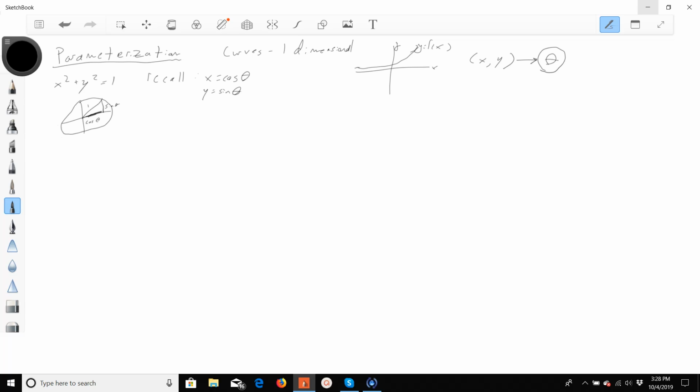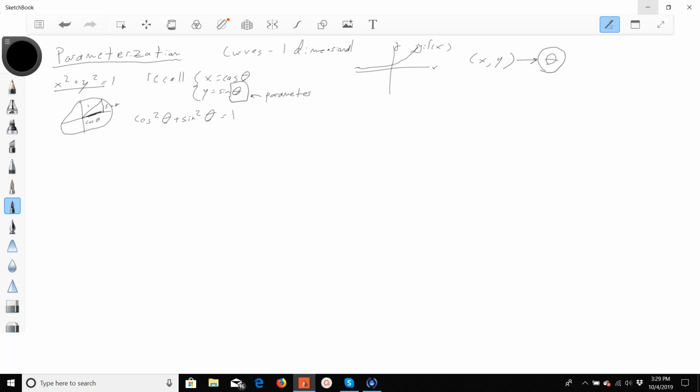And realize that this and letting it be this are the exact same thing, because cosine squared theta plus sine squared theta is equal to 1. And the dummy variable theta, and you could have used any variable you want, is what's known as the parameter.